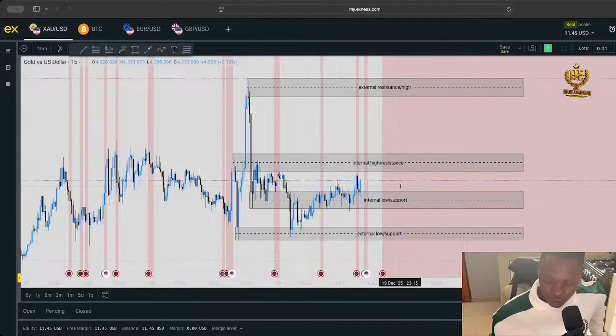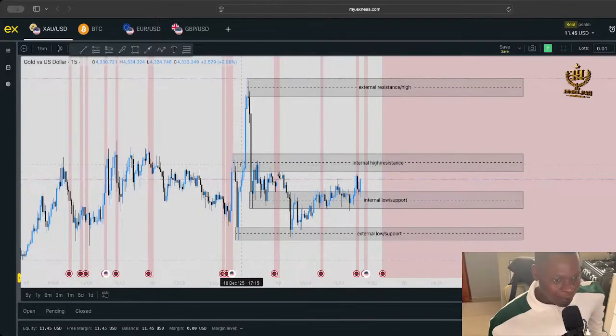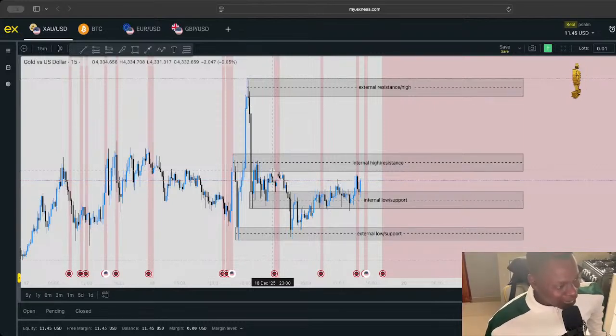I've shown you so many times when price came to this high, look at the reactions. Every time it taps on this high, there has to be a reaction to the downside. Until and unless price breaks that level, that's when I can say take a buy targeting that high.